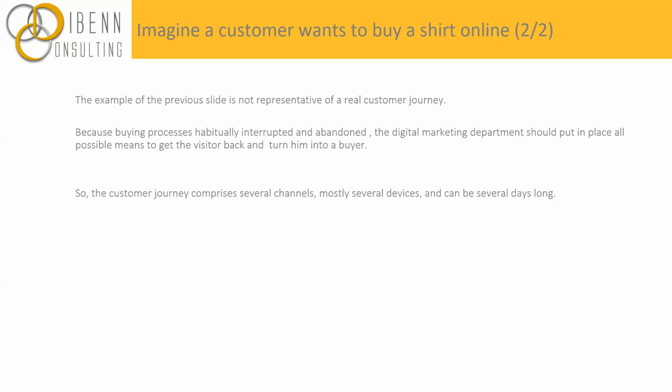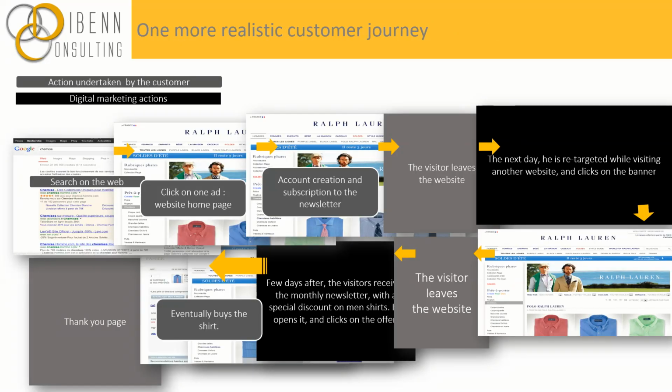We are going to see here something that is much more realistic. As you can tell, we still have the actions undertaken by the customer in dark gray, but there are some other actions that are undertaken by the digital marketing department each time the customer leaves the website. And those actions aim to have that customer, let's say, back on track into this conversion path.